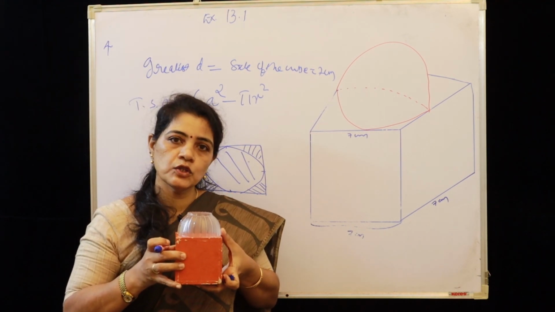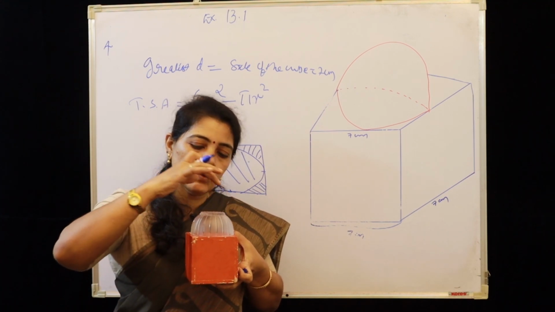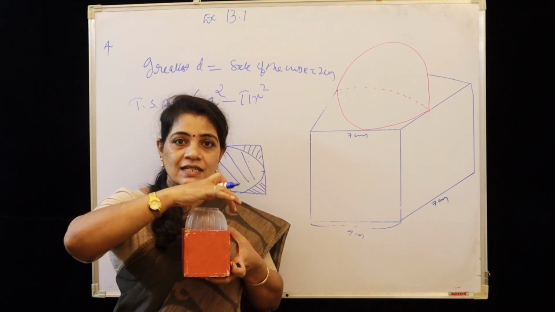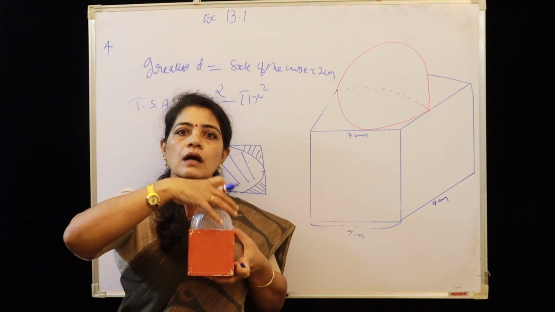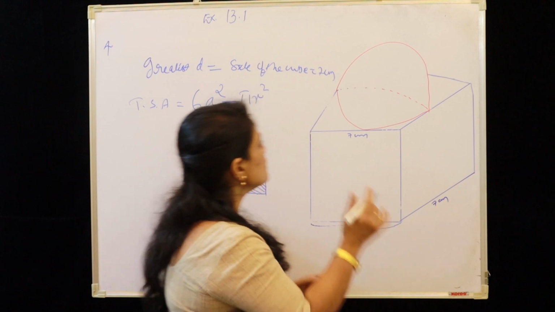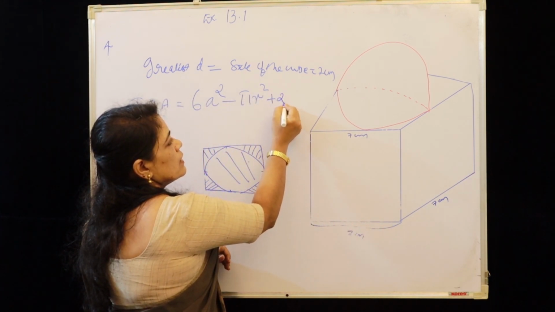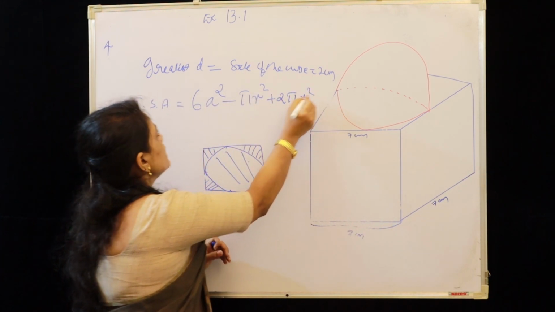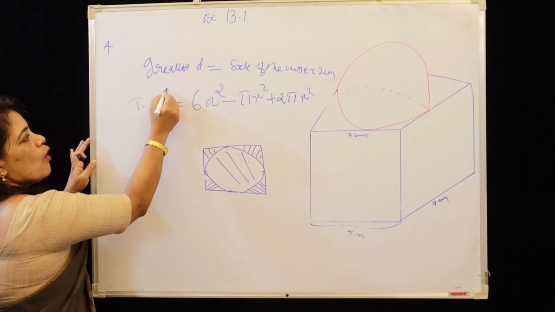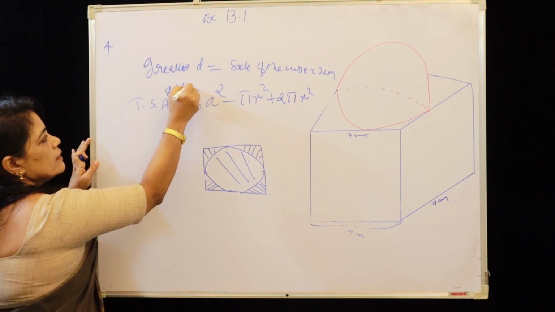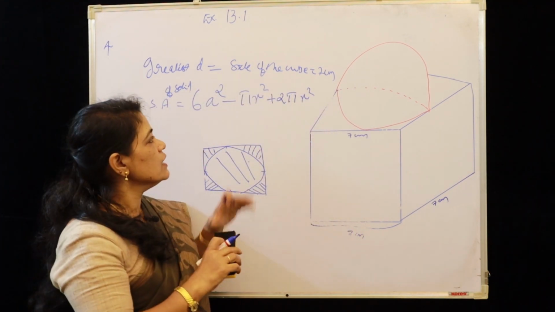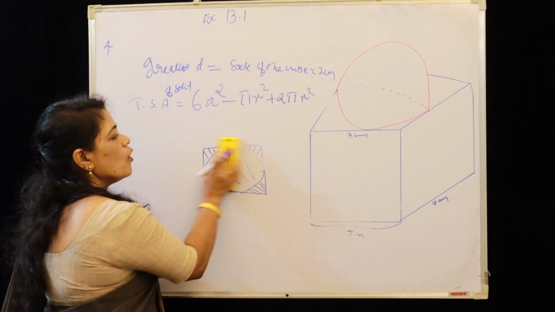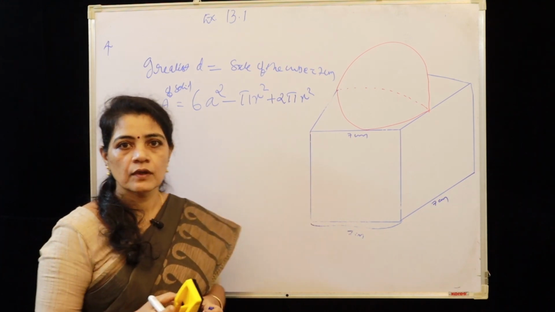And next, what we have to add? We have to add this circular surface, that is the CSA, curved surface area of the hemisphere, that is 2 pi r square. This will give you the TSA of the solid. After keeping a hemisphere, this is the total surface area of the solid. Understood?